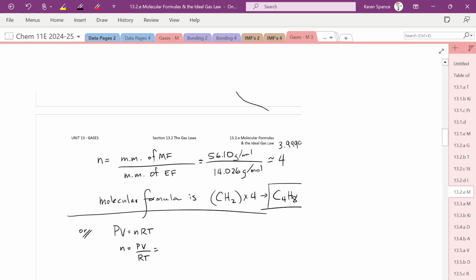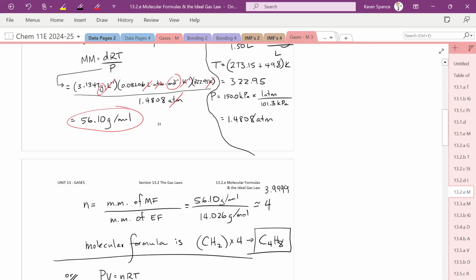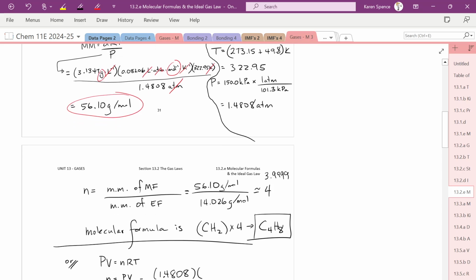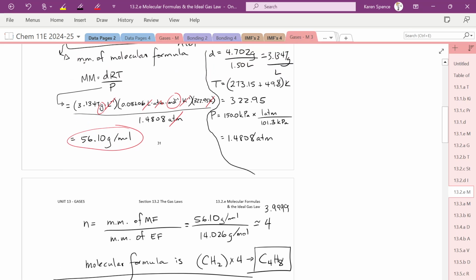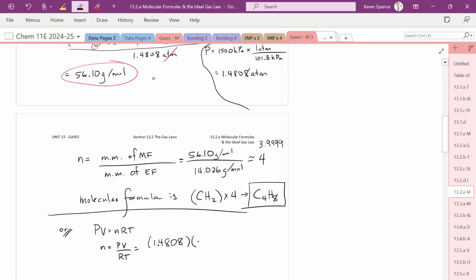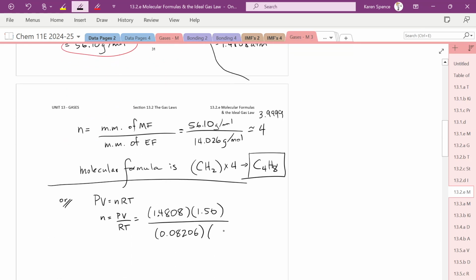The pressure was 1.4808. I'm just going to put in the numbers here. I'm not going to bother with the units because we've got like 1 minute left here. How many liters did we have? 1.50 liters. 0.08206 times our temperature, which was 322.95.